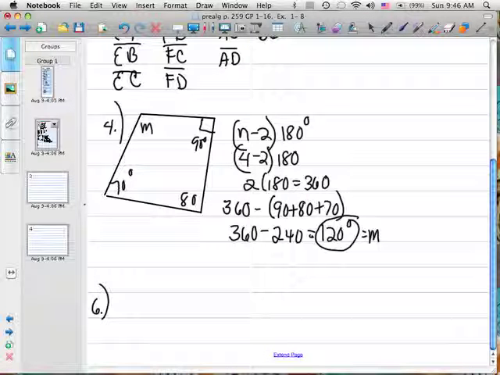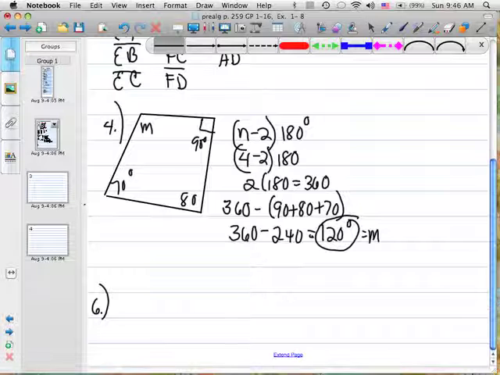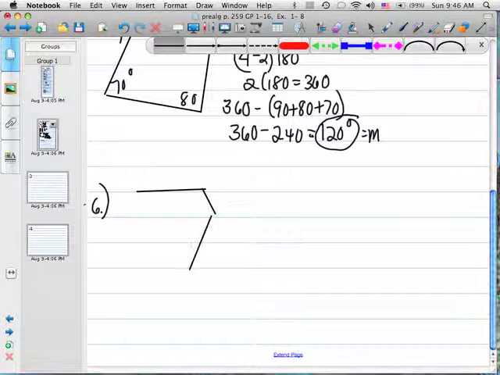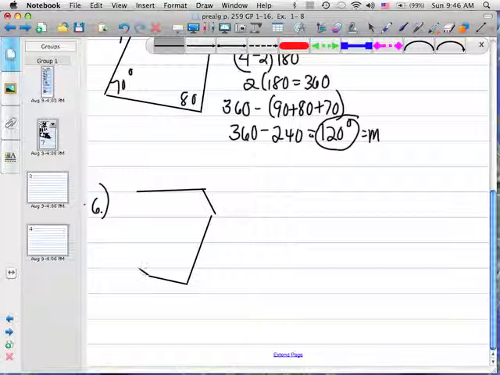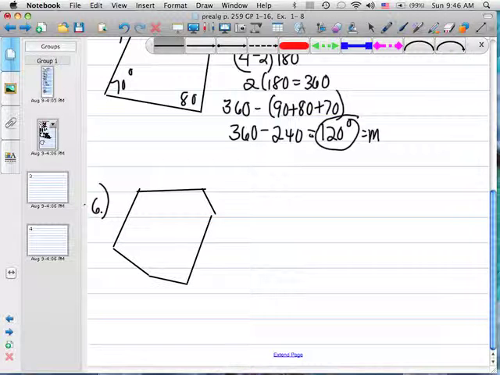Problem number 6. This one we have 1, 2, 3, 4, 5, 6 sides.